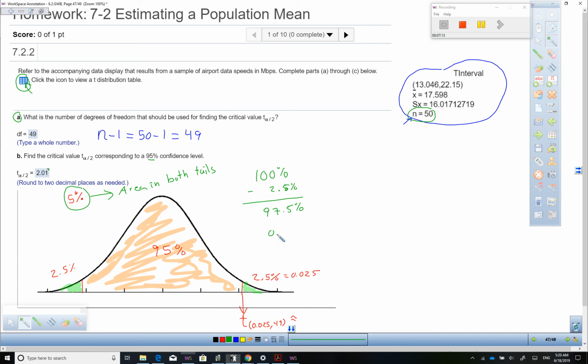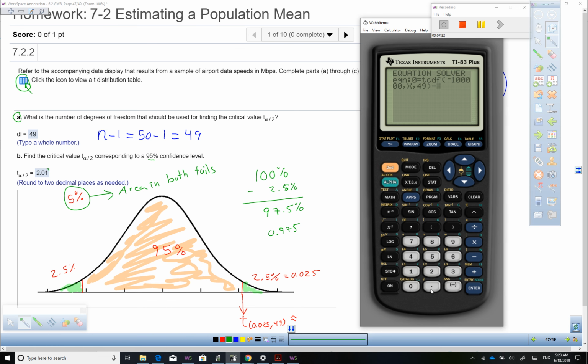In decimal numbers that will be 0.975. So again, if I have this area on the right, on the left I have the remaining 97.5%. Let's keep working on that. So that is 0.975, and we press enter.